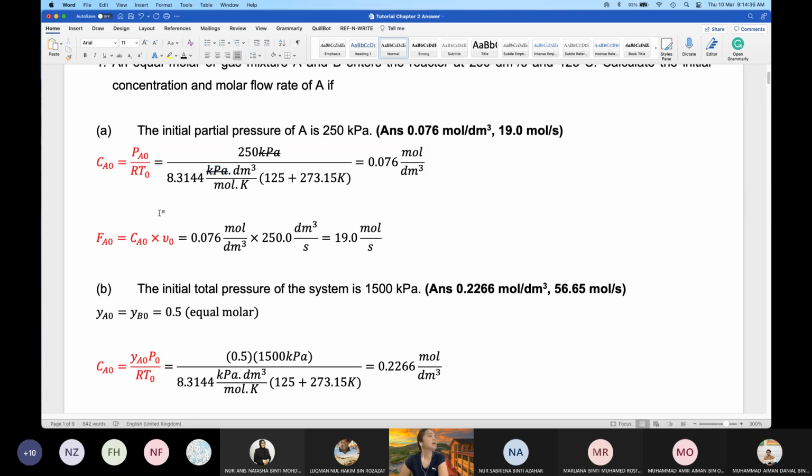Done. Next, I have to multiply with T0, the initial temperature. This part you have to be careful, because you realize the unit of temperature in our gas constant is Kelvin. So naturally, the temperature in the calculation, we have to convert to Kelvin immediately.